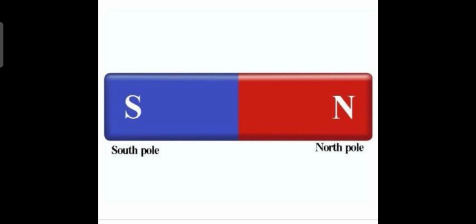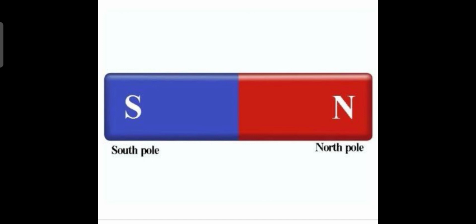And you can see from the iron filings experiment that more iron filings were attracted at the ends, at the south pole and the north pole. So what we can say is, more strength of the magnet is at the poles. Okay, so that's all about a magnet.